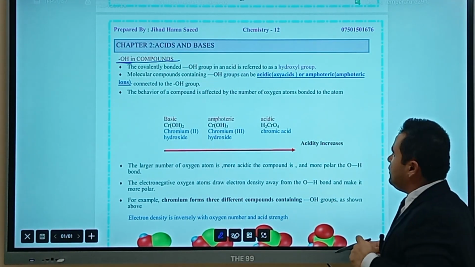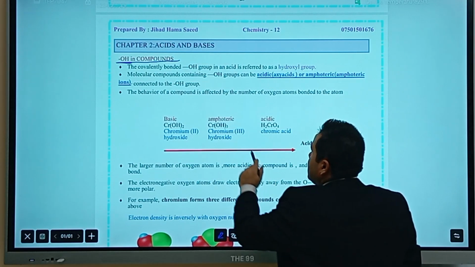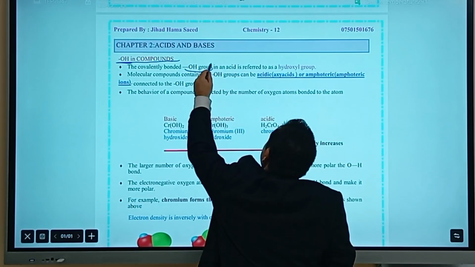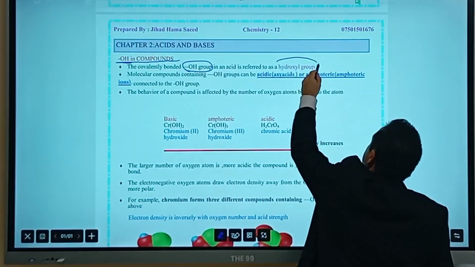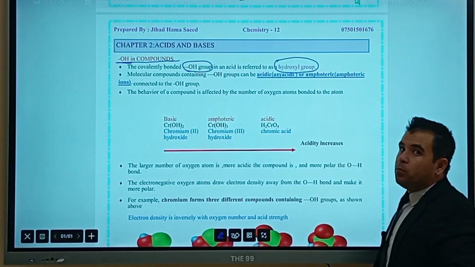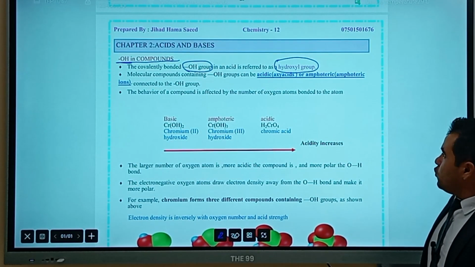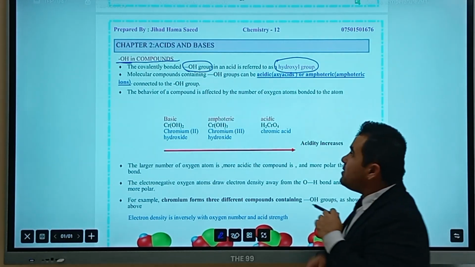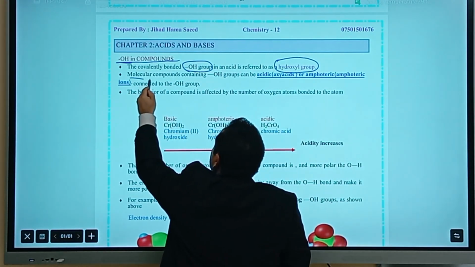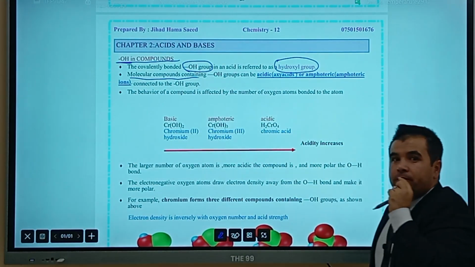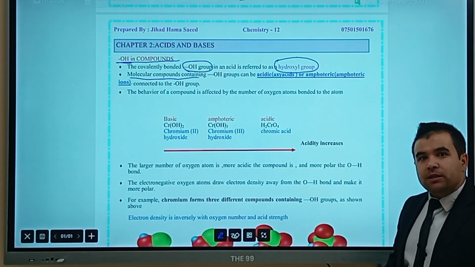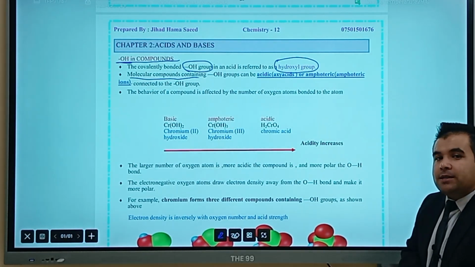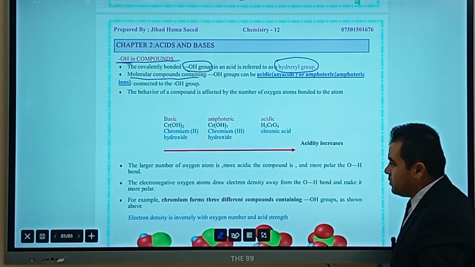We will be talking about the differences. Guys, if an OH group exists in any compound, we call this group the hydroxyl group. It is contained only in molecular compounds. So hydroxide is in the ionic compounds, but the hydroxyl group is in the molecular compounds.